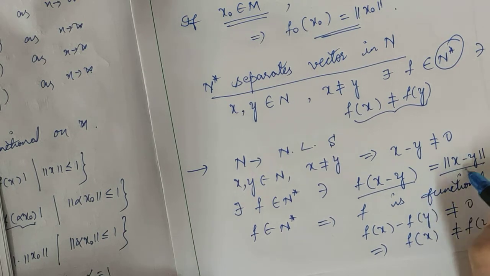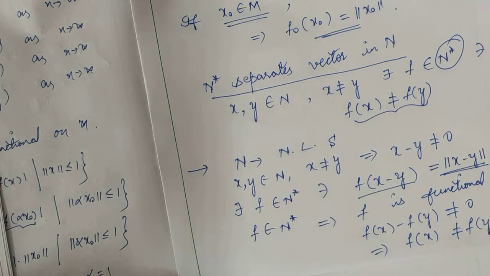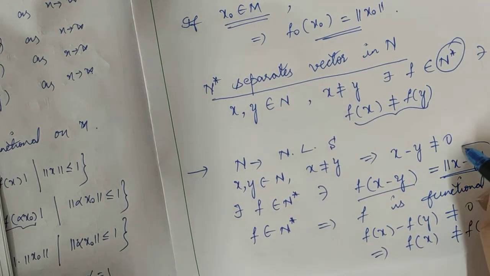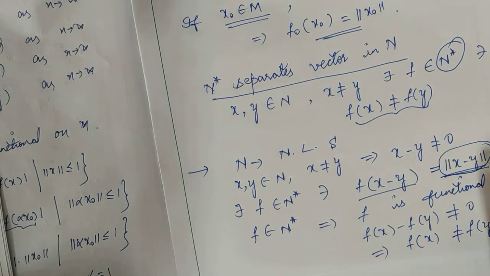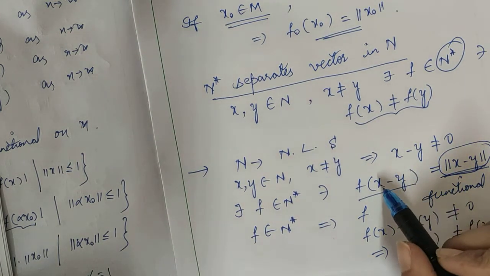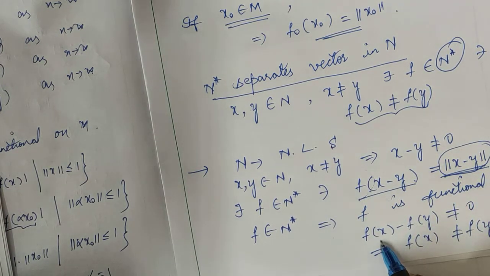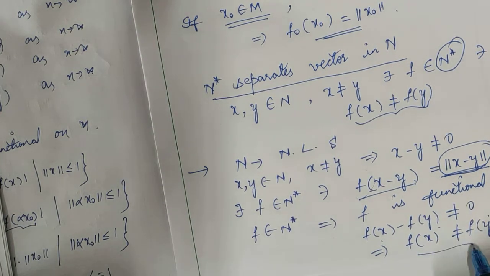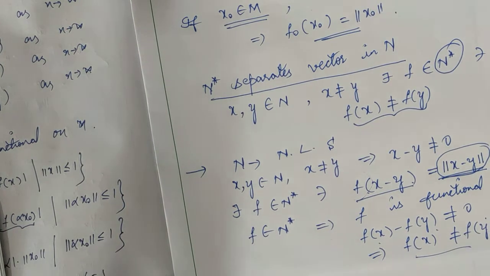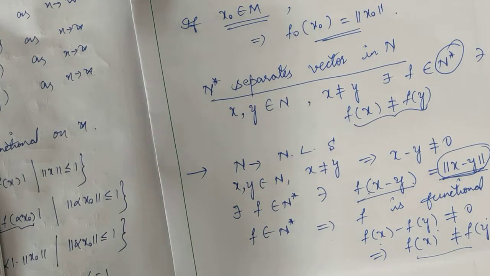I have just written norm x minus y, but since this is already a normed linear space, you need not write this. You can just write f of x minus y is not equal to 0, and since f is a functional, f of x minus f of y is not equal to 0, and from that you can conclude that f of x is not equal to f of y.